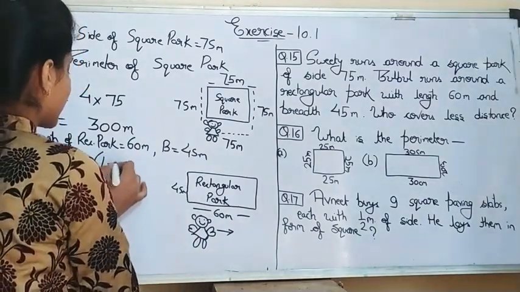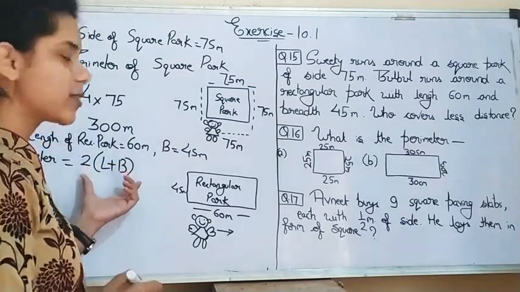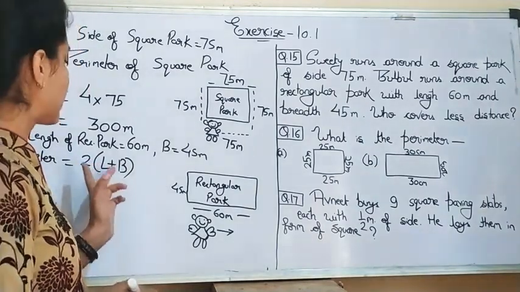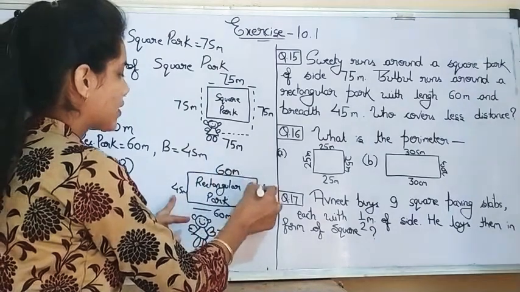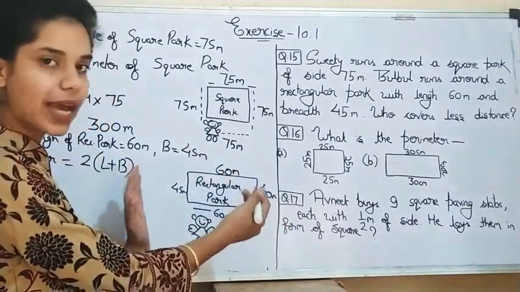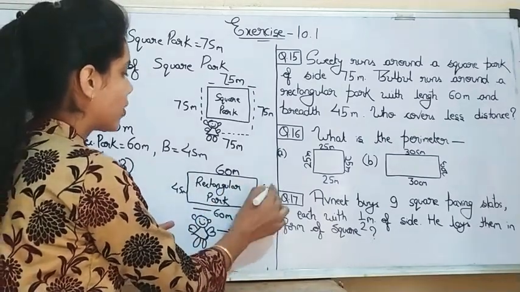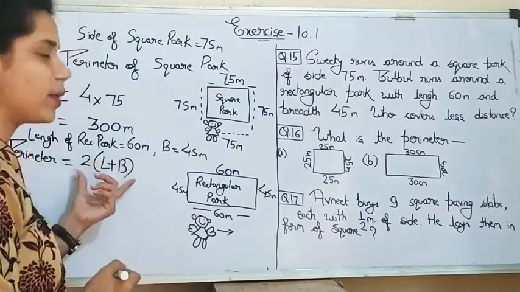I have already explained how this formula comes: there are 2 lengths and 2 breadths, and opposite sides are equal in a rectangle. So 2 times length and 2 times breadth give 2 times (length plus breadth).